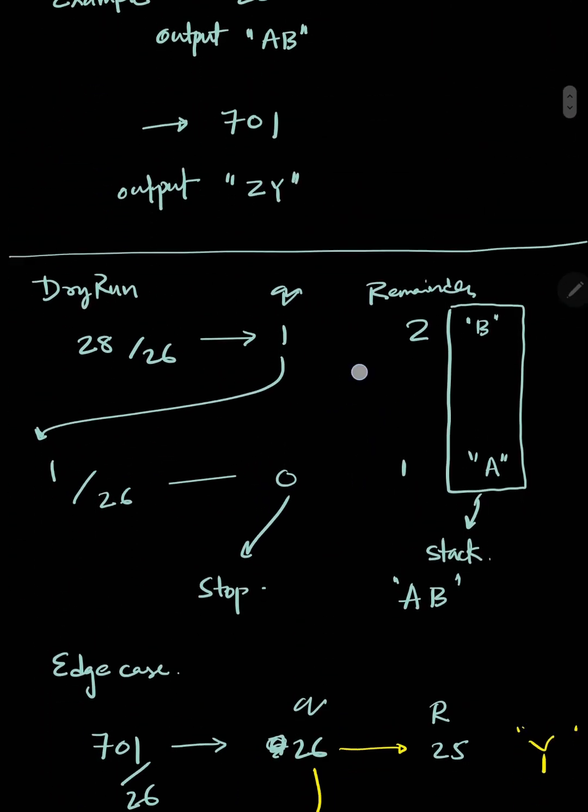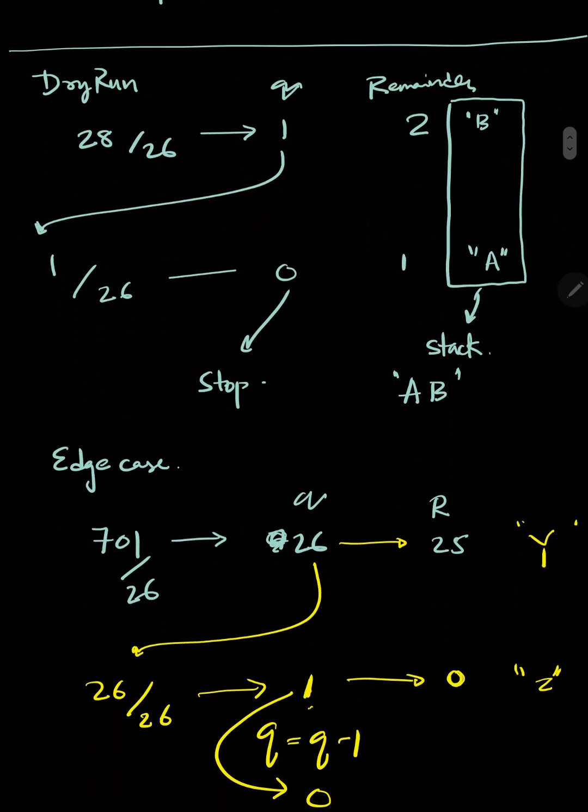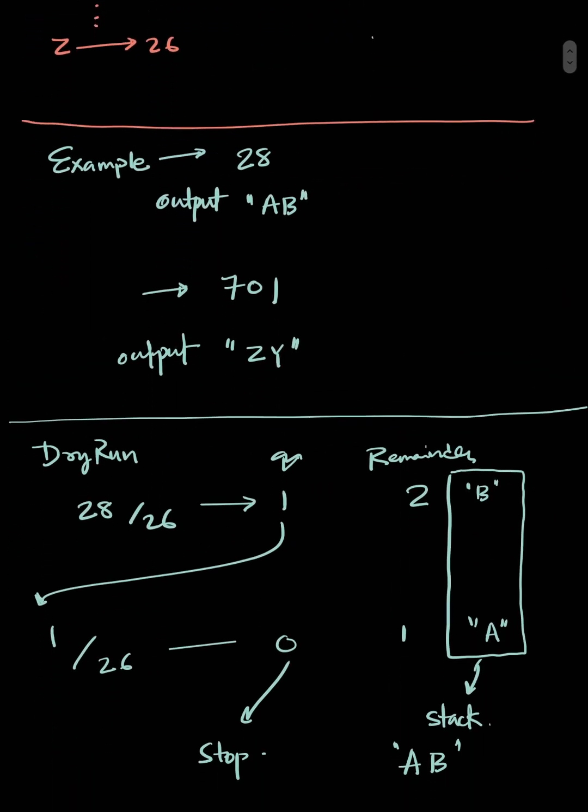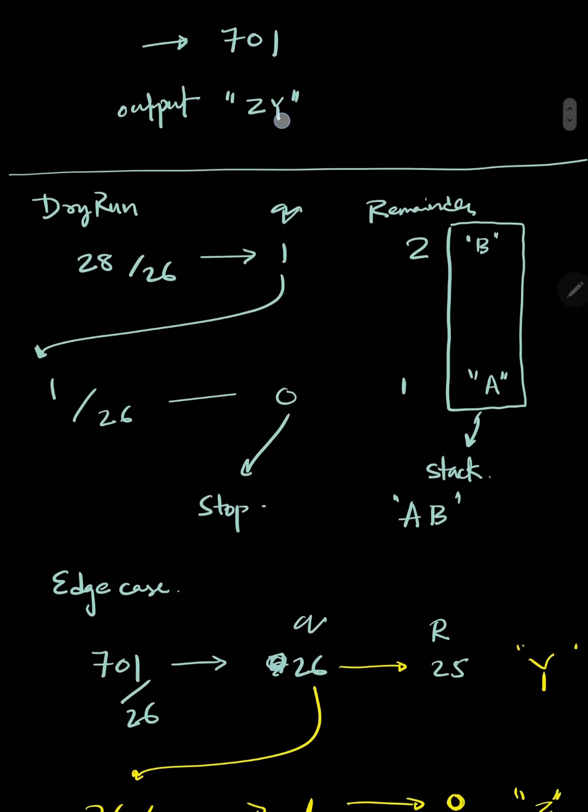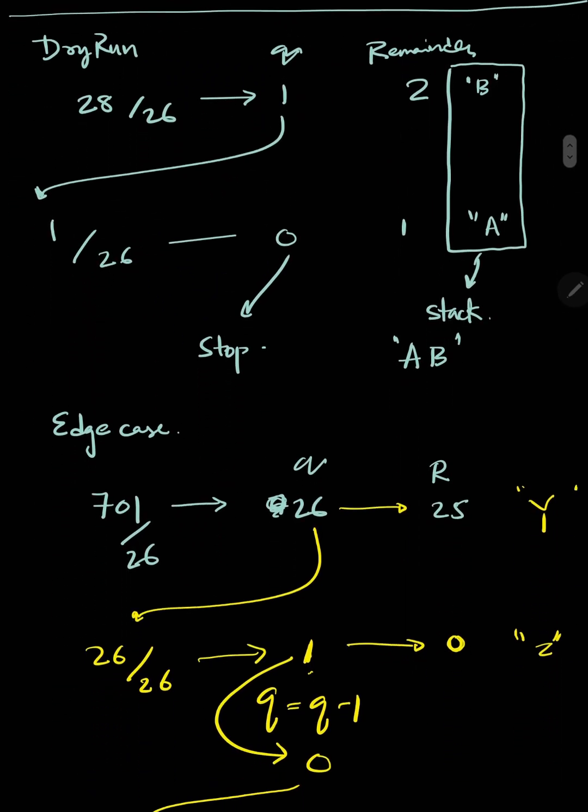So let's dry run some examples. Let's take these two examples only. Okay, 28. So 28 divided by 26. What is the quotient? What is the remainder? We know that the remainder is the one that we will be using for the conversion.